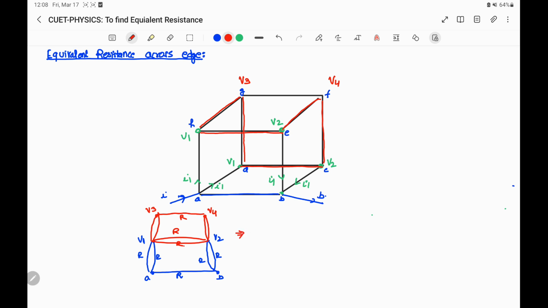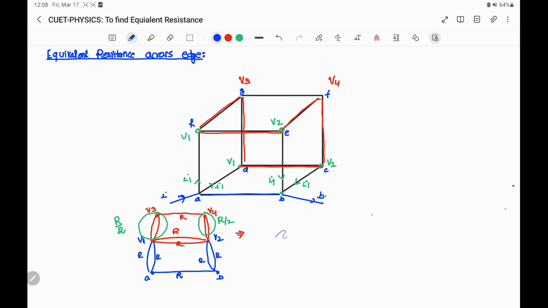Now we can find the equivalent resistance by simply solving. This is a parallel combination, so the value will be R by 2. Another one from V1 to V3 also has two resistors in parallel, so their equivalent value will be R by 2. And this R by 2, R and R by 2 are in series.